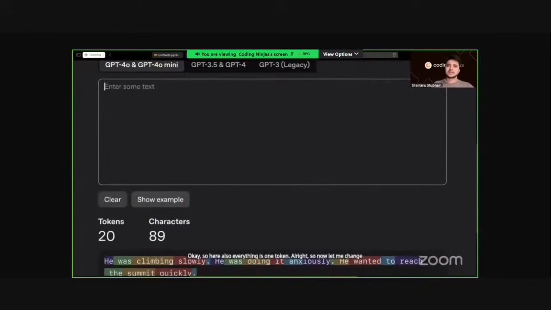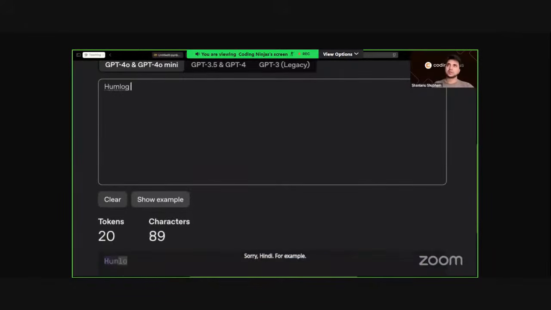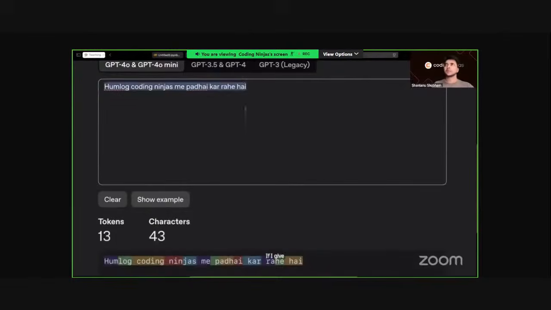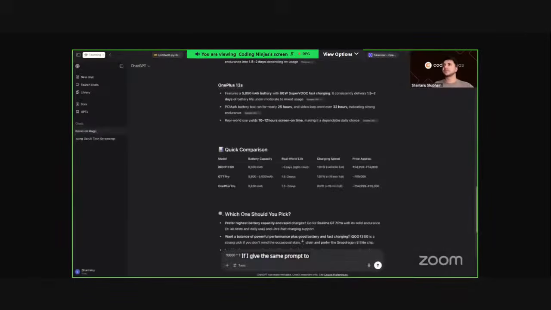Let's say I am writing something in Hindi. For example, हम लोग कोडिंग निंजास में पढ़ाई कर रहे हैं. If I give the same prompt to ChatGPT, will it be able to understand that we are trying to talk in Hindi?